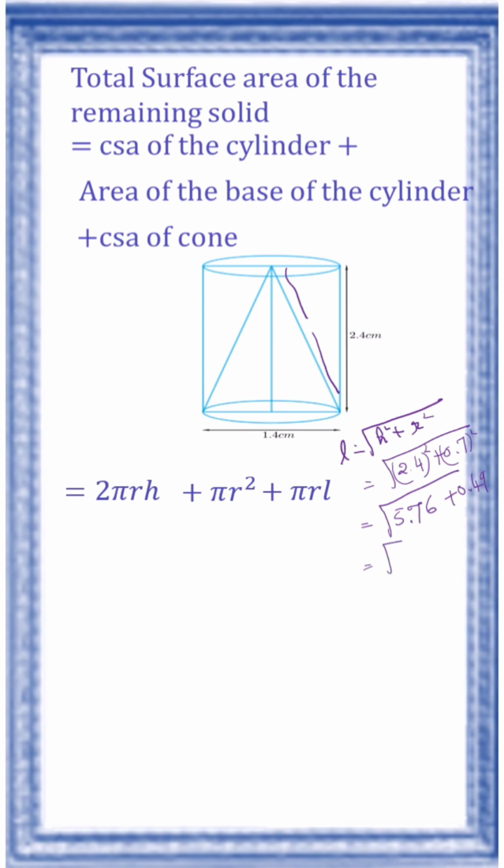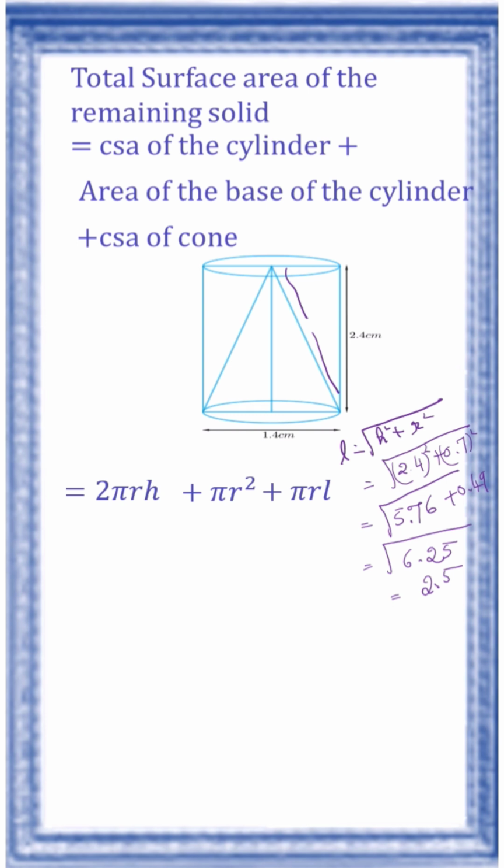That is equal to, if you add 6 plus 9, 15, 7 plus 4, 11 plus 1, 12, 6.25. Square root of it is what? Square root of 6.25 is 2.5.